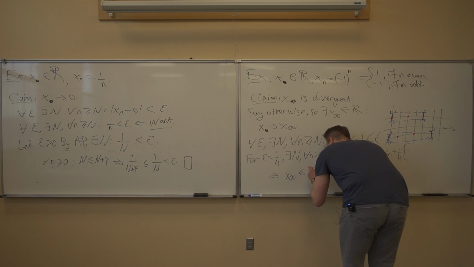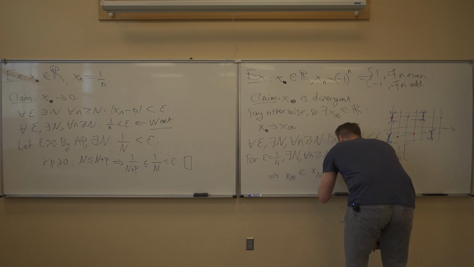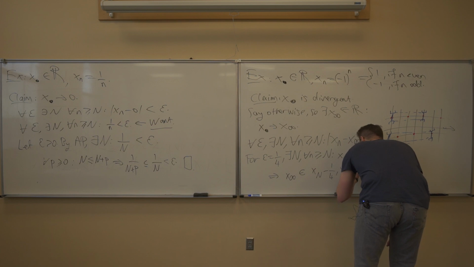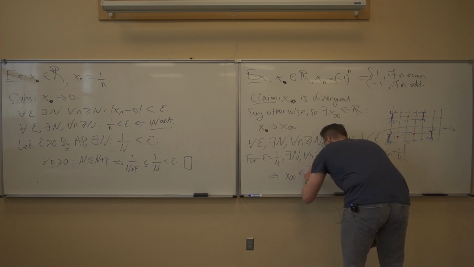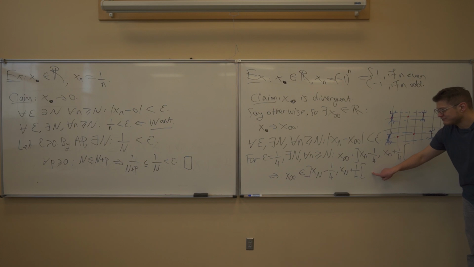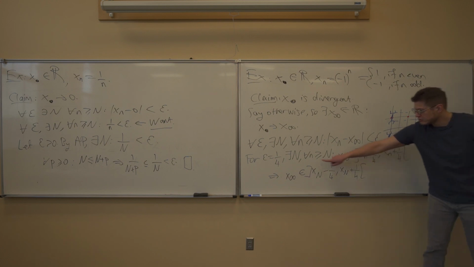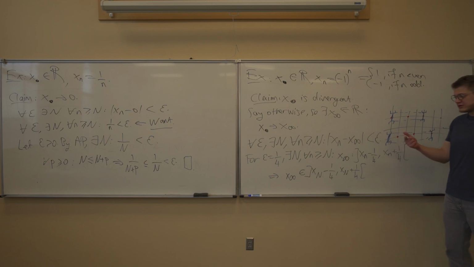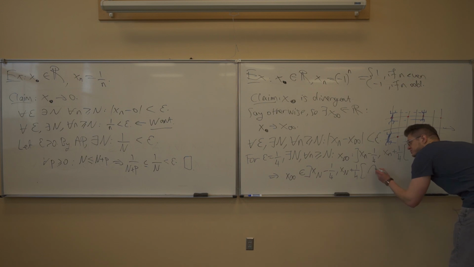X sub infinity is inside the open interval x sub capital N minus 1 over 4 to x sub capital N plus 1 over 4. But the same statement is supposed to hold for lowercase n equals uppercase N plus 1, because N plus 1 is a number larger than this. It's a later time, so it's in the intersection.